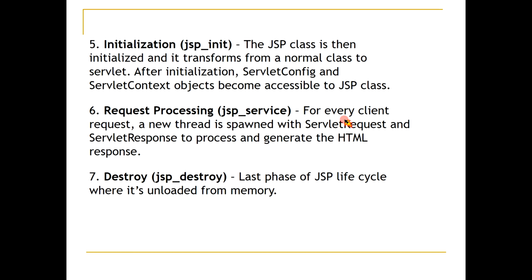The JSP class is then initialized and it transforms from a normal class to a servlet. After the initialization, the servlet config and servlet context objects become accessible to the JSP class.